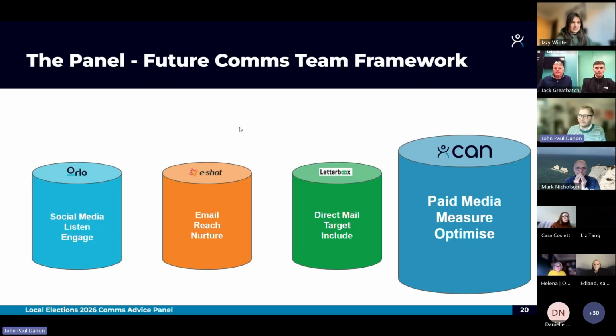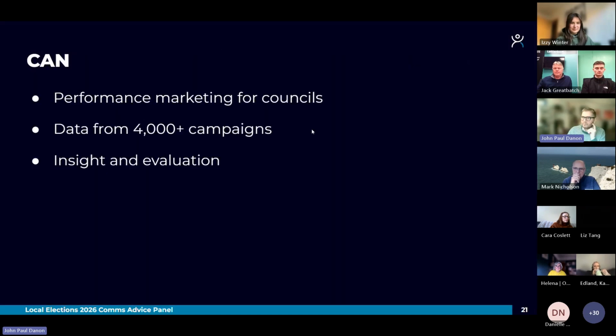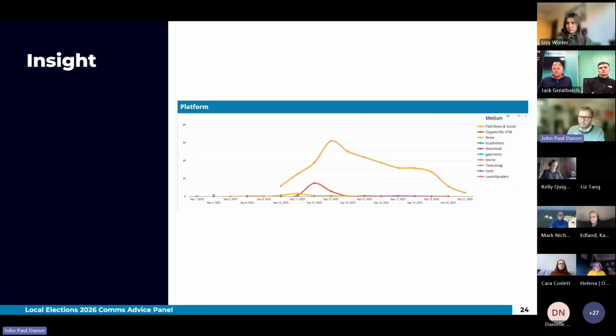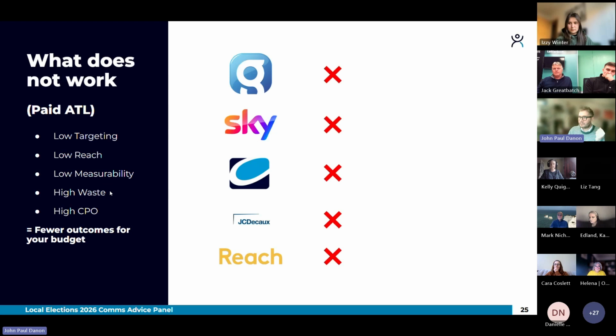I'm going to talk a little bit about the kinds of requests you might be receiving in the coming weeks and months, and how, from using data from thousands of campaigns, we've been able to come up with some recommendations. When you run a campaign and you properly measure everything, it's quite easy to see which channels are driving reach, interaction, and then outcomes.